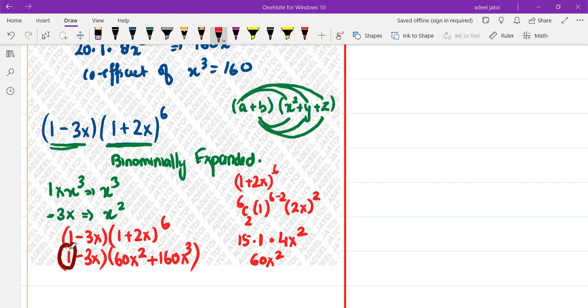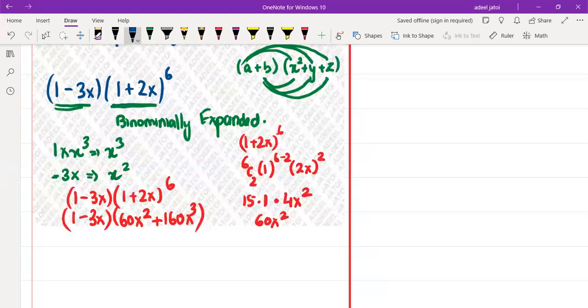You need 1 with 160x cube. You need minus 3x with x square. But will you multiply minus 3x with x cube? No, because you will get the coefficient of x to the power 4, which is not needed. So what you're going to do is, 1 multiplied by 160x cube will become 160x cube, because 1 multiplied by 60x square is 60x square, which is not needed.